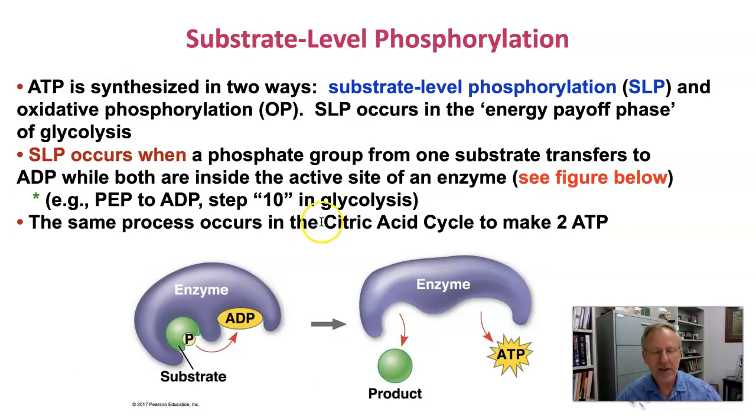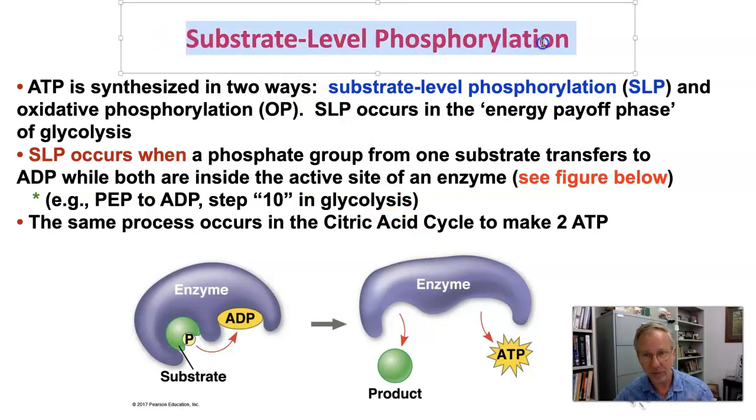On the last slide, I reviewed the energy payoff phase of glycolysis, the last 5 chemical reaction steps that result in making pyruvate and making a little bit of ATP. So here is a slide that's showing you how substrate level phosphorylation works.